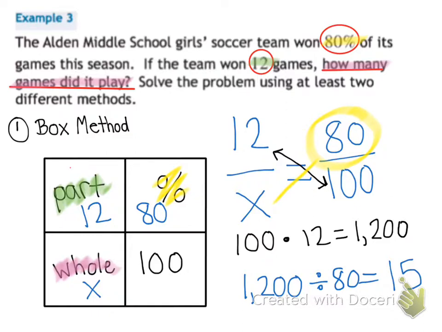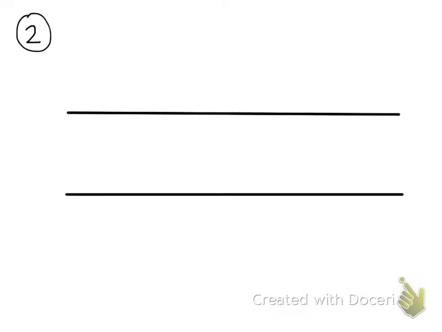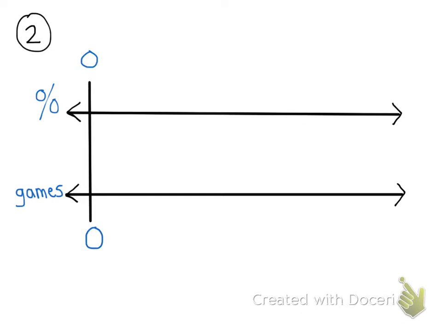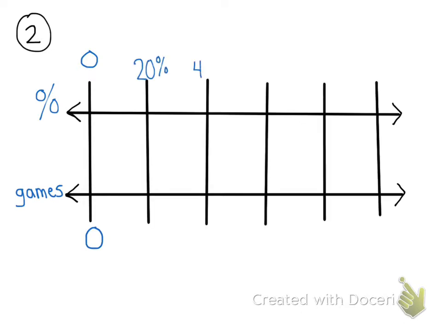Let's see another way. The double number line. Right, we always label percent. Games start with 0. I'm increasing by 20%. I know that they won 80% of their games, and the problem specifically told me that 80% equals 12.